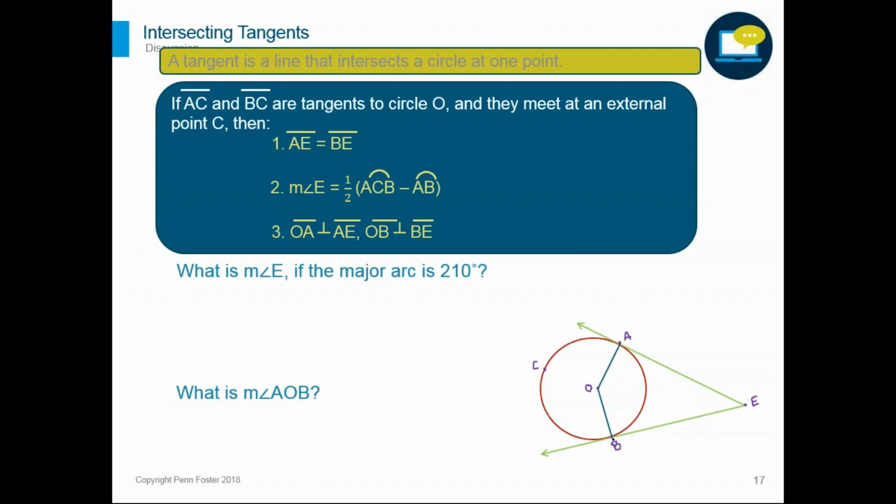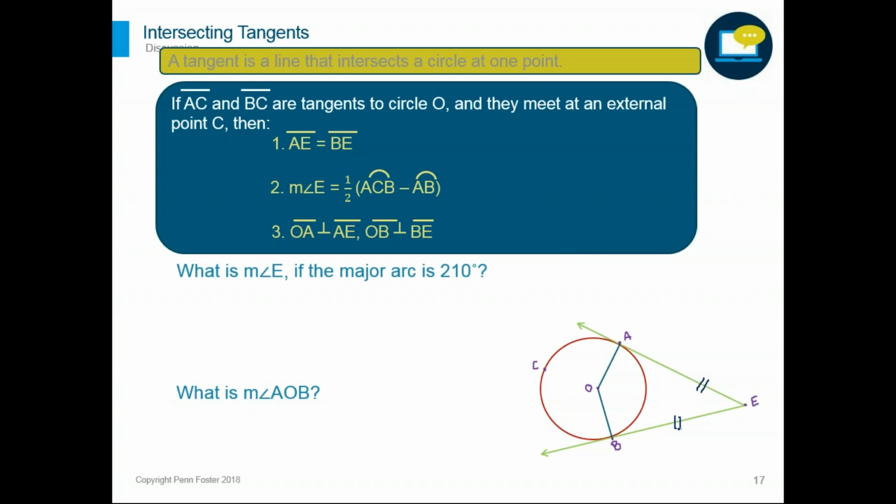When we have a circle and two tangents that meet outside the circle at a point, in this case E, some facts follow. One, the two tangents are equal in length. So AE equals BE.